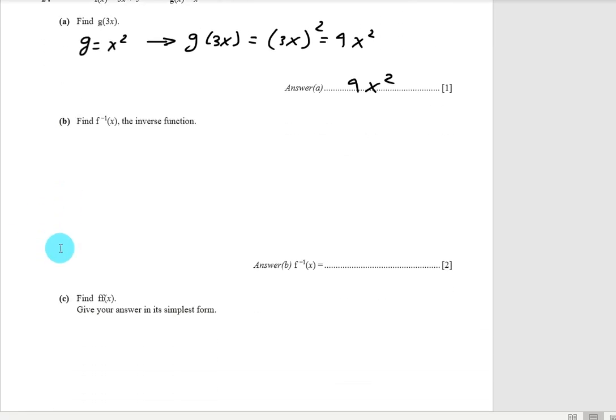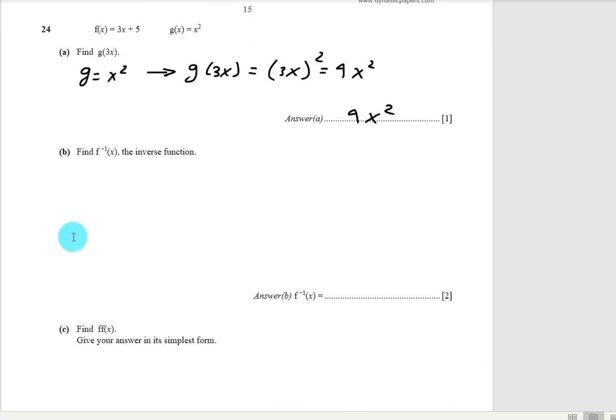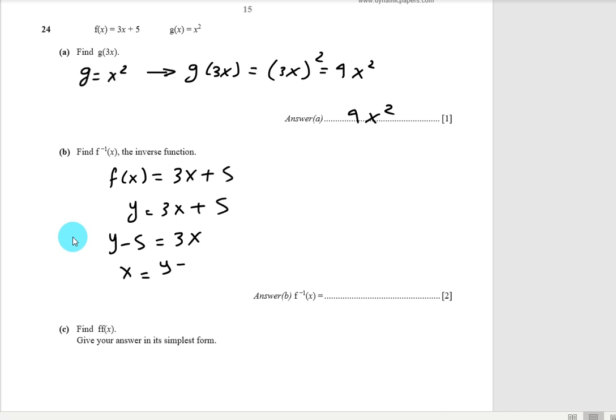The inverse of f of x: f of x is equal to 3x plus 5, so y is equal to 3x plus 5, y minus 5 equals 3x, x equals (y minus 5) divided by 3, so f inverse of x will equal (x minus 5) divided by 3.